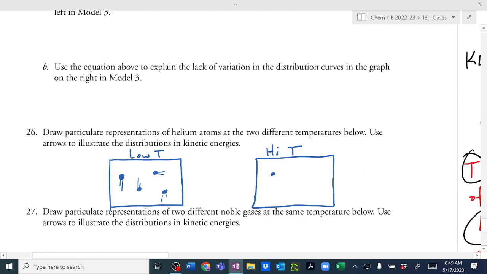But at the high temperature, you might still have one particle that's not moving very fast, but you're also going to have particles that are moving much faster and sort of medium speed. So you've got a distribution, and maybe even at the lower temperature, you might have one that's kind of going at a medium speed, right? So you have a distribution of speeds.